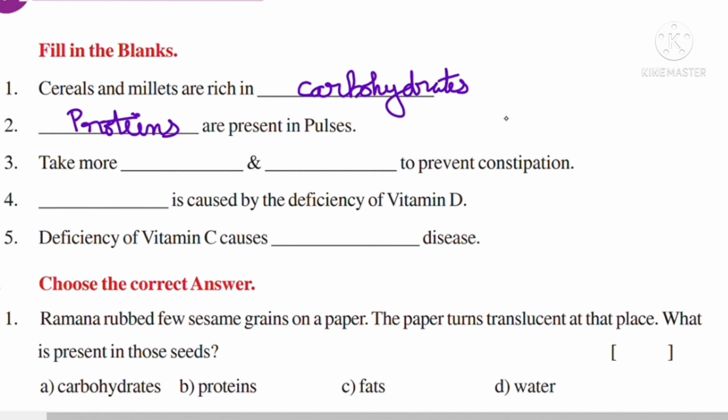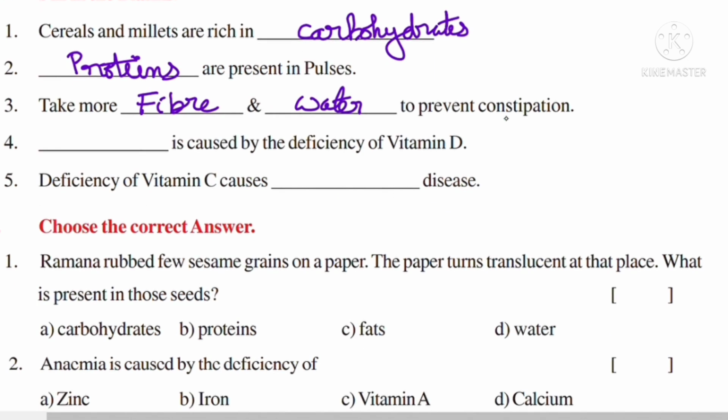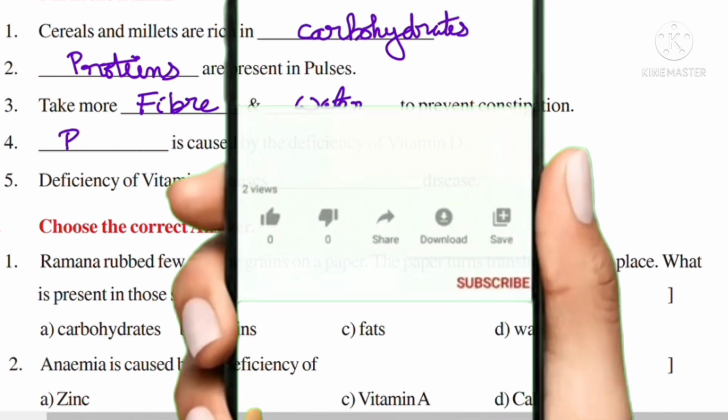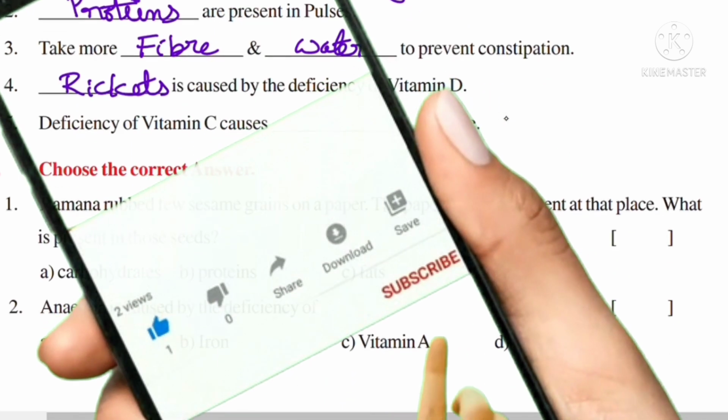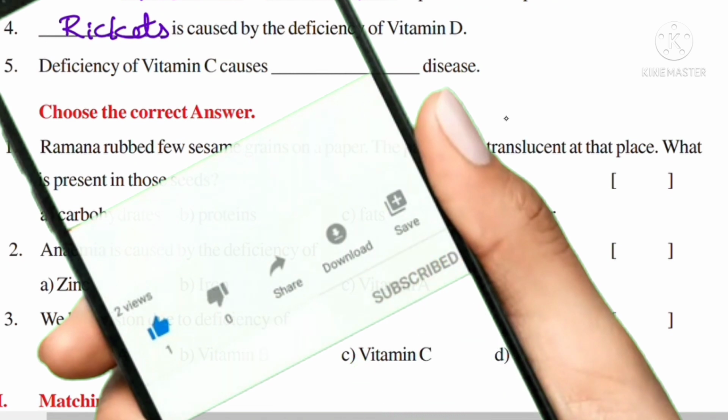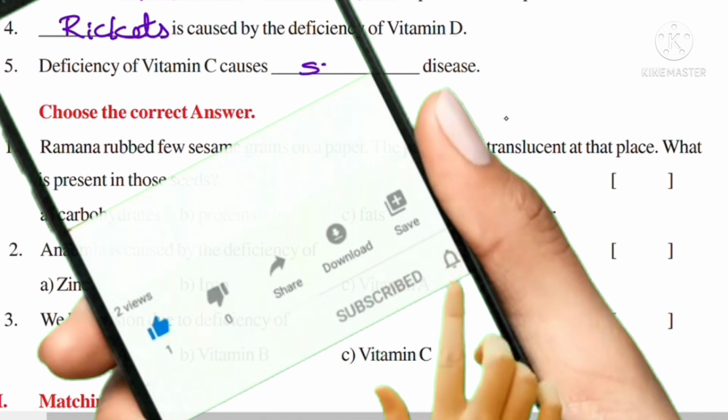Take more and more fiber and water to prevent. Dash is caused by deficiency of vitamin D. Vitamin D deficiency causes rickets. Deficiency of vitamin C causes dash disease. Scurvy.